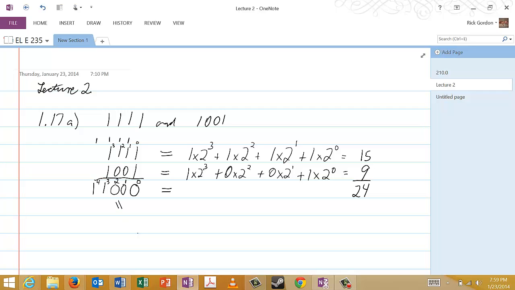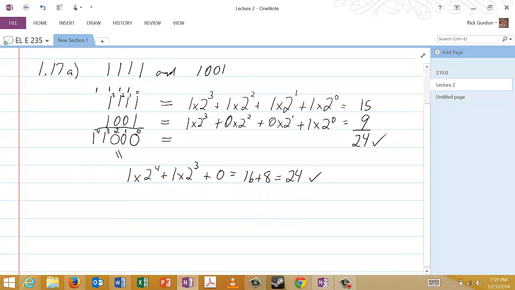So this number is 1 times 2 to the 4th plus 1 times 2 cubed, and then everything else is 0. So I'll just go ahead and write plus 0. And of course 2 to the 4th is 16, so this is 16 plus 8, which is indeed 24. So this works out, and we have the correct answer.